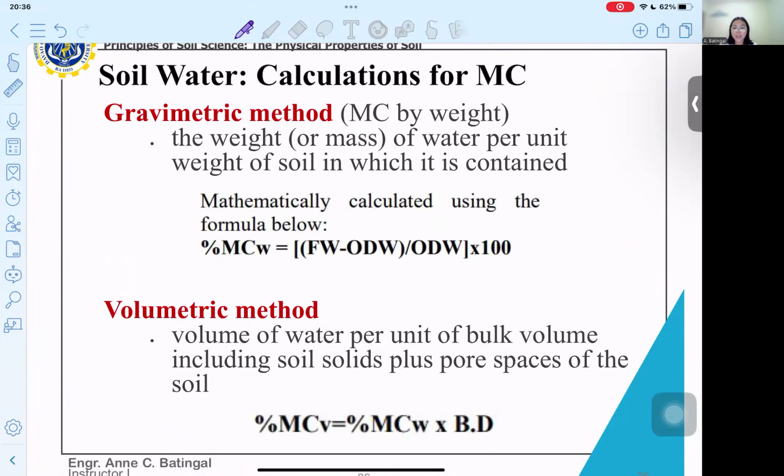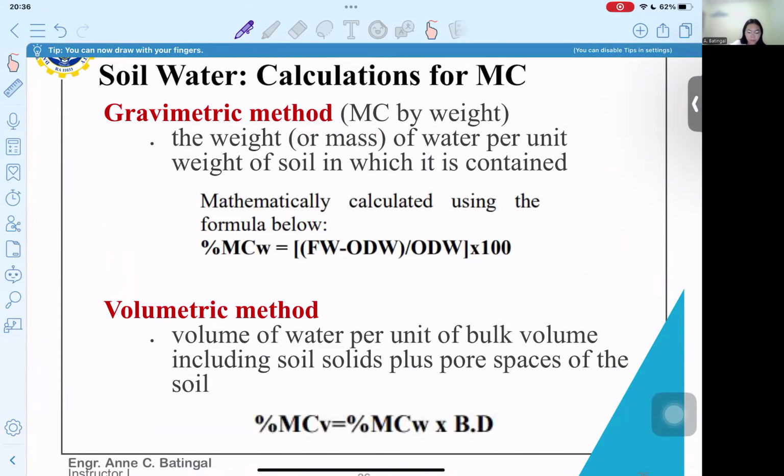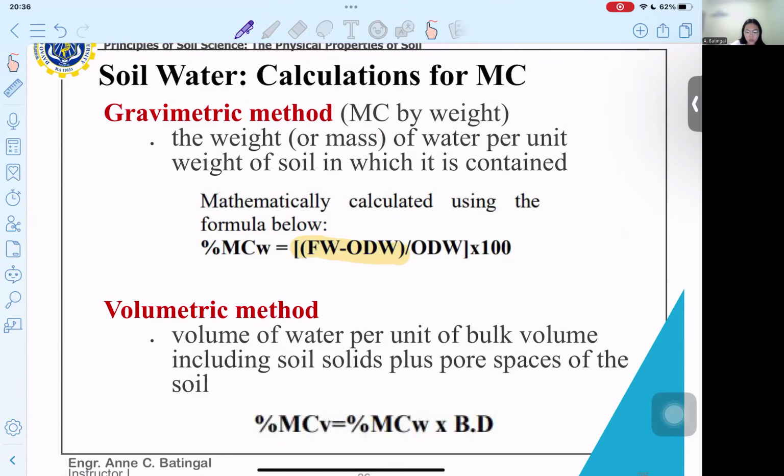Now, gravimetric method rather is computed by taking into account the amount of moisture divided by the oven dry weight. Now, what do we mean by the amount of moisture? Fresh weight minus oven dry weight is your water. Water divided by oven dry weight.